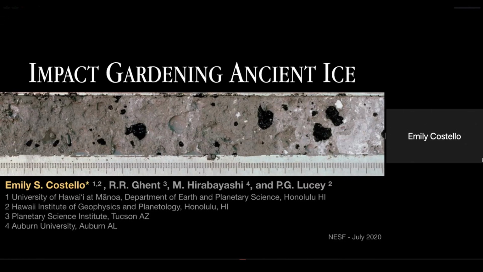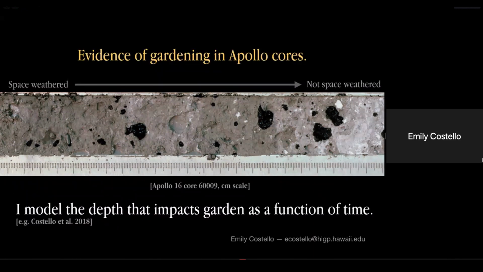We're looking at an Apollo core here from Apollo 16, where the tick scale is centimeters. And we can see evidence of impact gardening in this core, where on the left, this area was closer to the surface, and on the right, further from the surface.